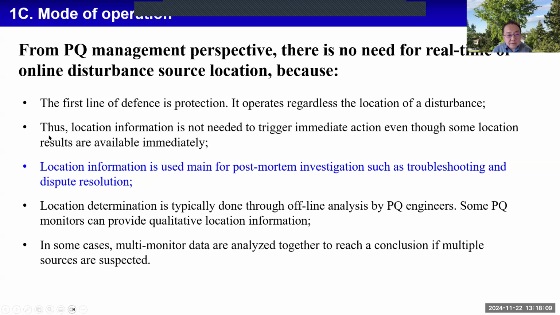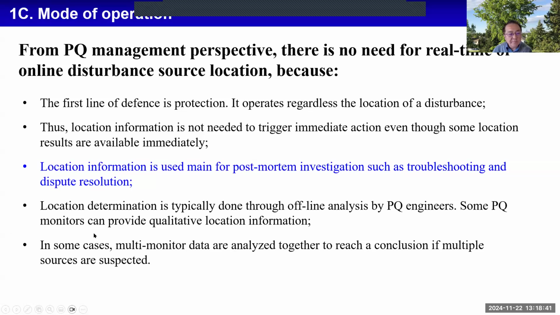As a result, location information is not needed to trigger immediate action, even though some location information is available immediately. I will show you the algorithms. The location information is used mainly for post-mortem analysis, such as troubleshooting and dispute resolution. This task is normally done offline by PQ engineers.